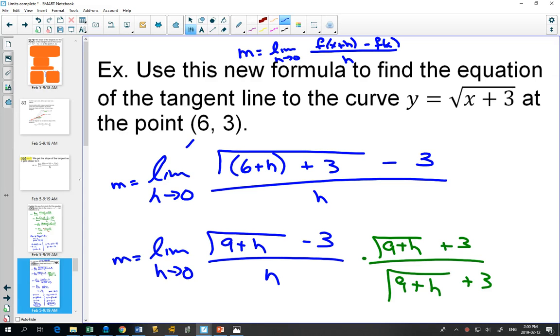And since I know that my x value is 6, I could plug that in right away. And this 3 is equal to f of 6, so I could plug that in right away as well. So this is different than what I did last time where I plugged it in later.